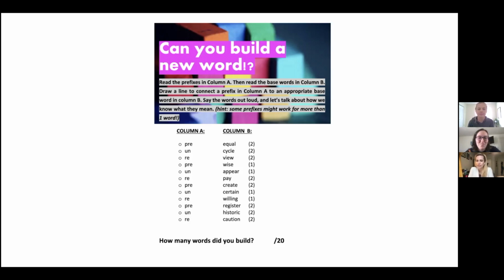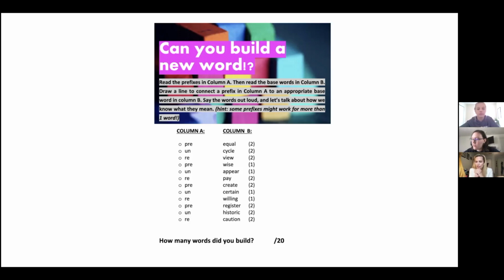The reason why unpay doesn't work is because the prefix un is a descriptor. So it's going to really only work in front of adjectives. Adjectives like friendly, unfriendly, right? Or natural, unnatural. But it won't work in front of verbs like pay. All right. Do you want to try it again?